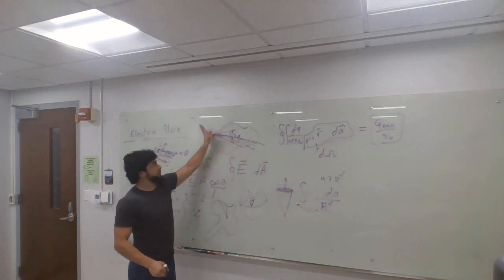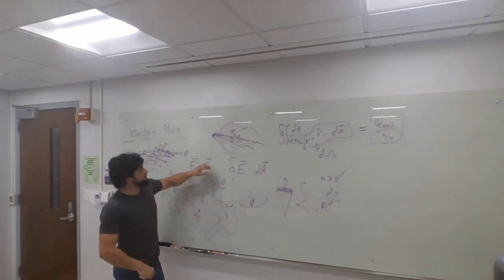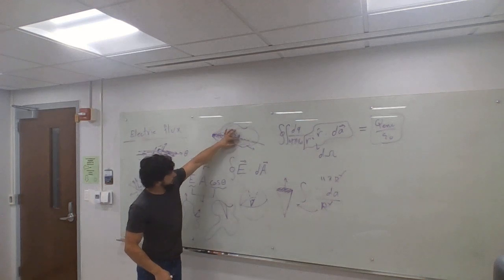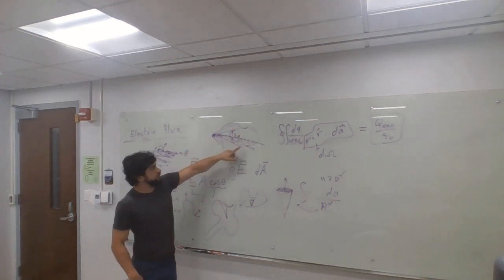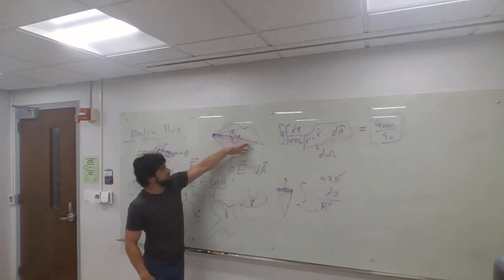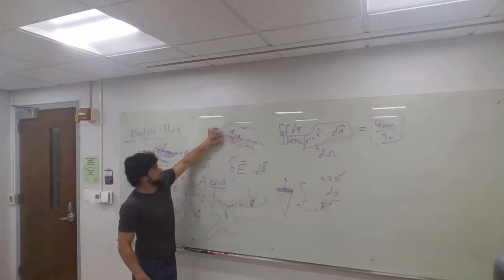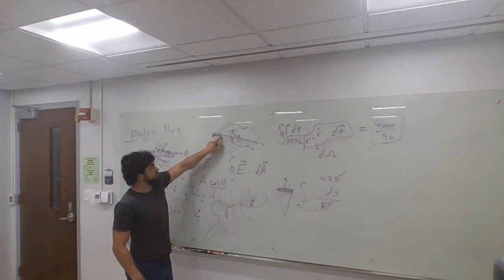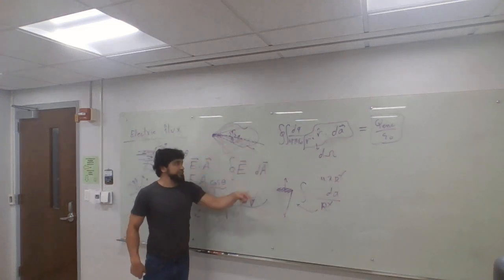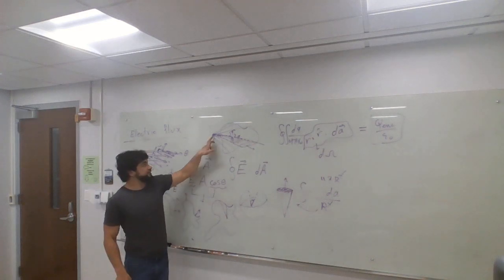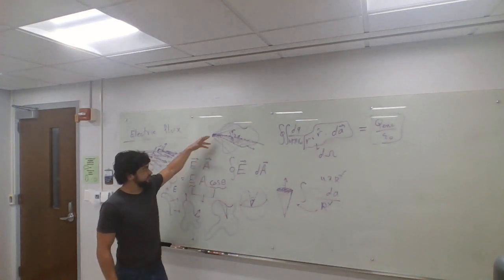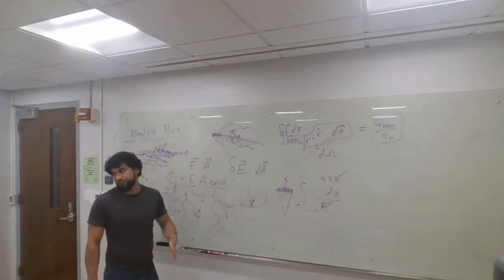This one is in that direction, that one is in that direction. And you will find, as you go away and the area gets bigger and bigger, the r squared is going to be bigger as well. So the solid angle of this is the same as the solid angle of that. But this has that direction, this has that direction, and in the integration, both will cancel. So the flux of this, which is outside, through this closed area is going to be 0.